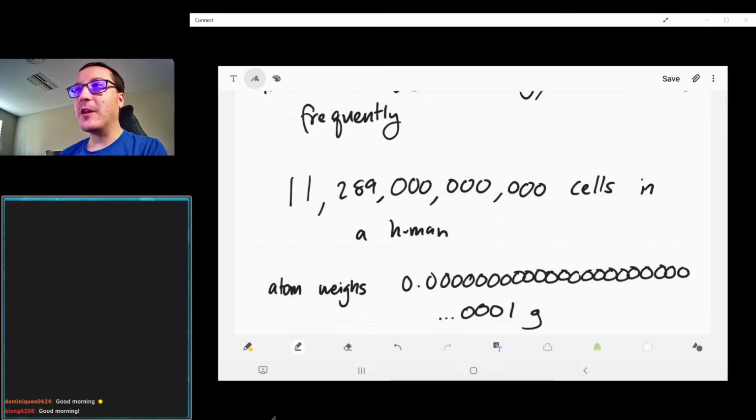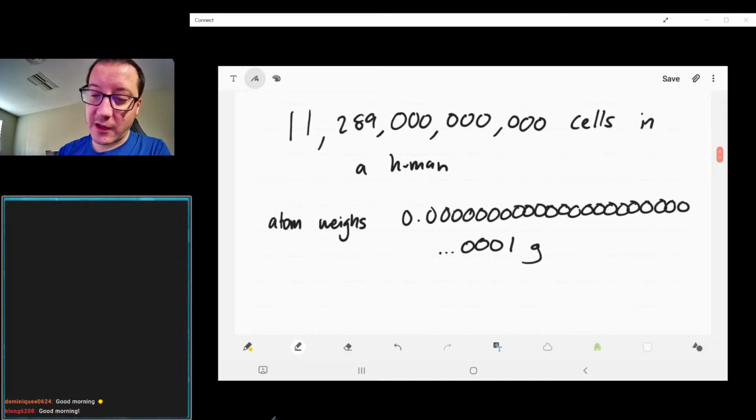So we often deal with very, very big or very, very small numbers. And so we tend to make them easier for us by transforming them into exponential functions instead. So instead of talking about these crazy big numbers, we use scientific notation.